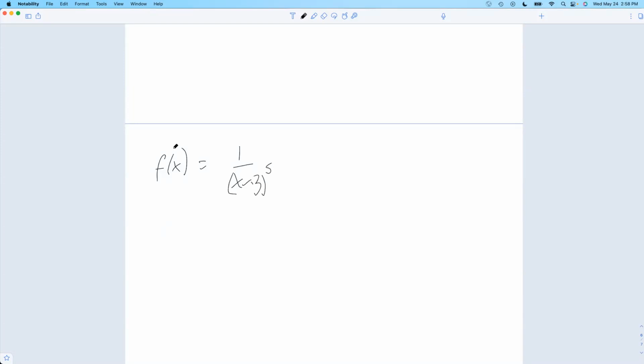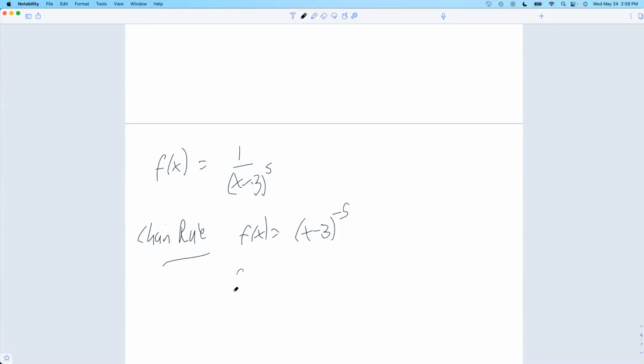I could do this guy using chain rule or quotient rule. Let's do chain rule first this time. So I would want to think of this as x minus 3 to the negative fifth power.